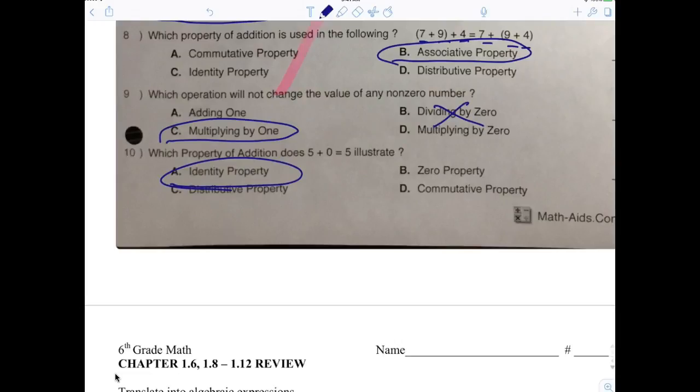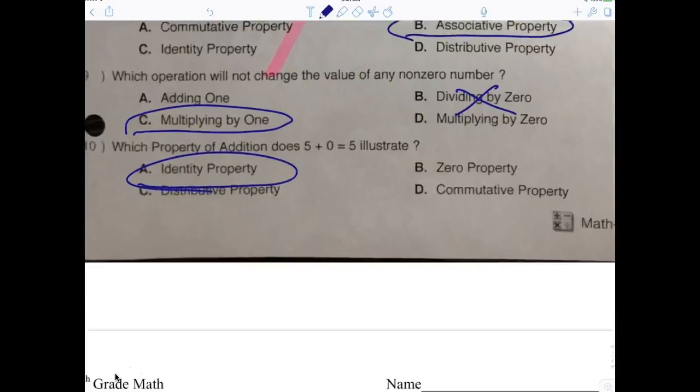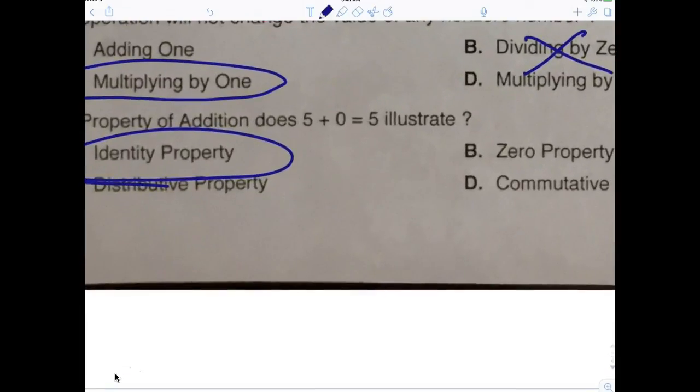All right. Properties will be easy on the test, just like this. Well, remember, the reason why this is an identity is because anytime you add 0, you stay the same. That's how I remembered it was an identity. It's a property.